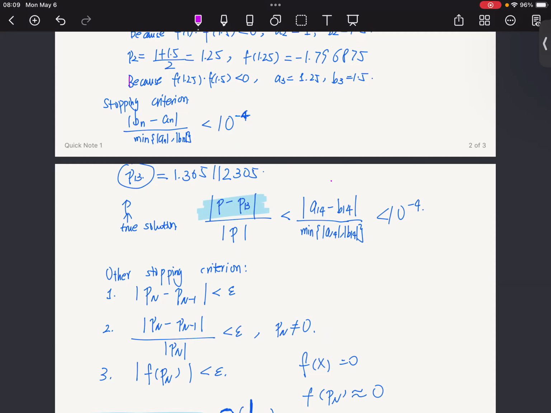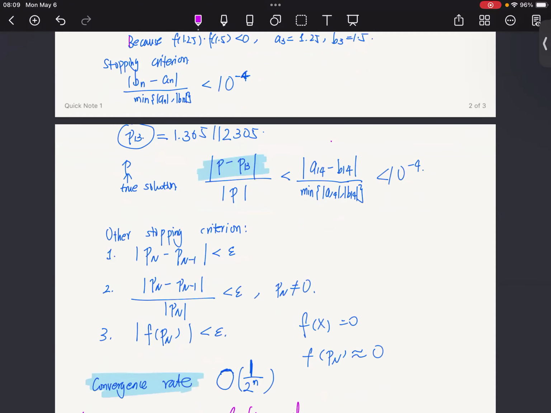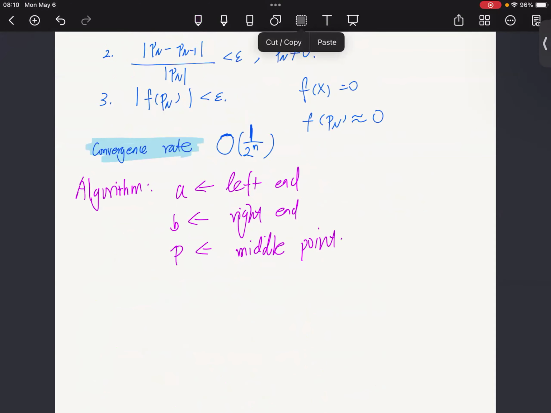This indicates how far we are from the right-hand side equaling 0. This is the stopping criterion.